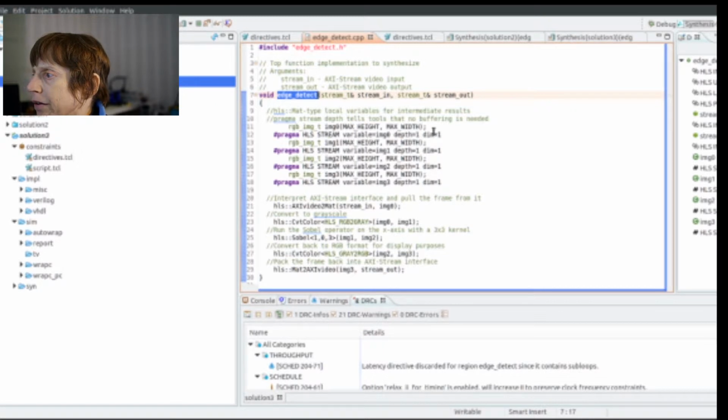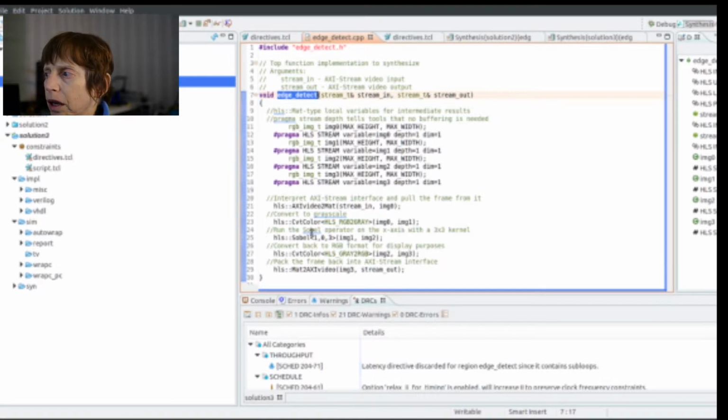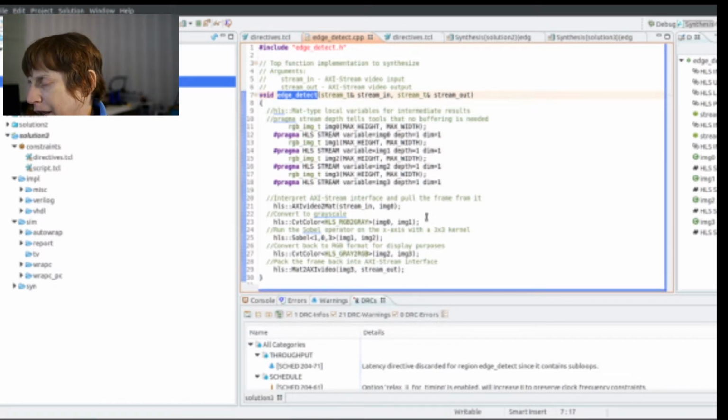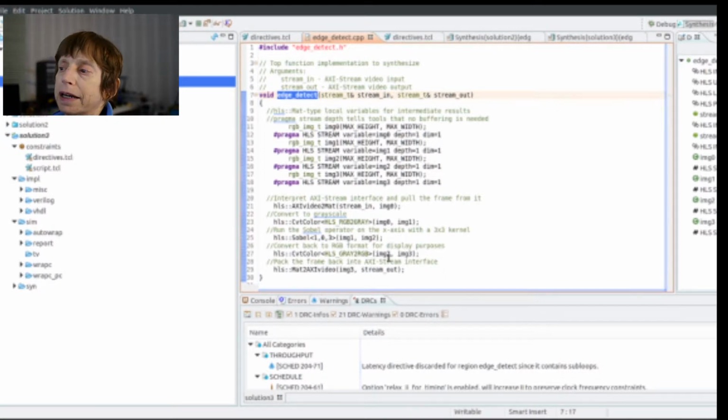Then you're saying take the stream in and the image and change it to a format, then pull in the frame, convert to grayscale, run the edge detection, the Sobel algorithm, convert it back to RGB, and then put the frame back in there.